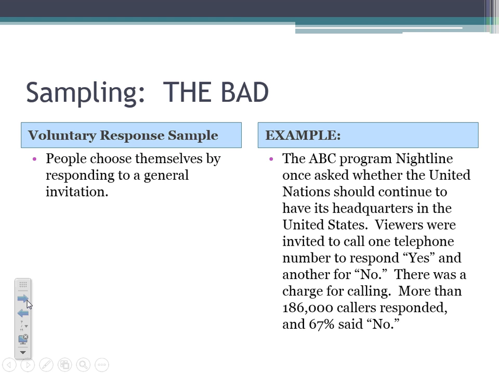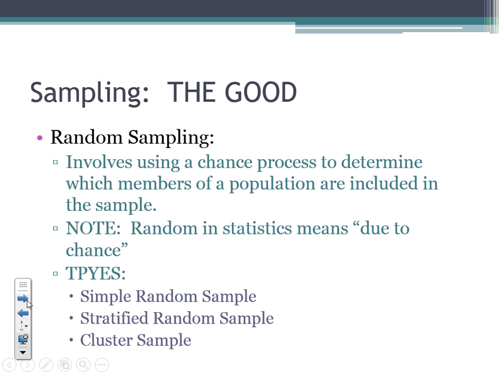So if those are bad, we then have to ask the question, well, what's good? Okay, and the good comes down to what we call in statistics random sampling. Right, we should use a chance process to determine who's included in our sample. Right now, when you use the phrase random in just your day-to-day lingo, a lot of times we think of that as just kind of being haphazard.